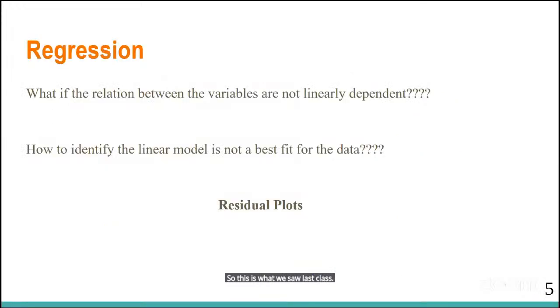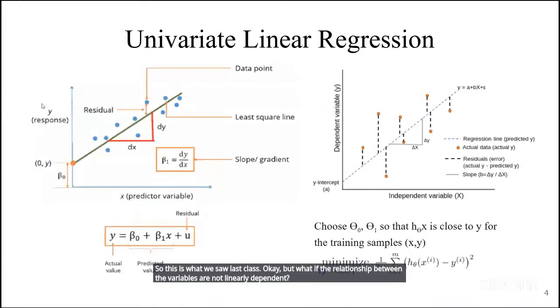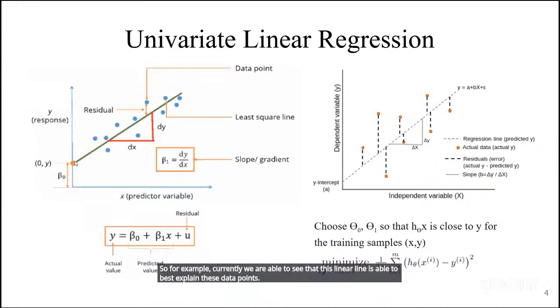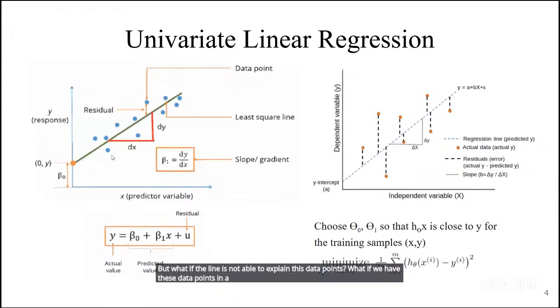Okay, but what if the relationship between the variables is not linear? Say, for example, currently this linear line is able to best explain these data points. But what if the line is not able to explain them? What if we have these data points in a U shape, in a quadratic shape?